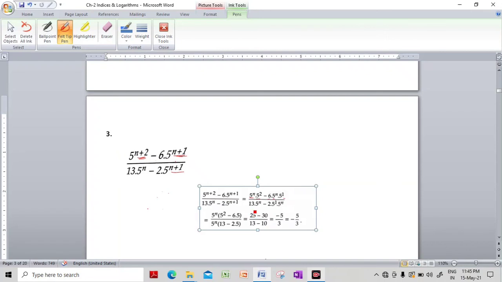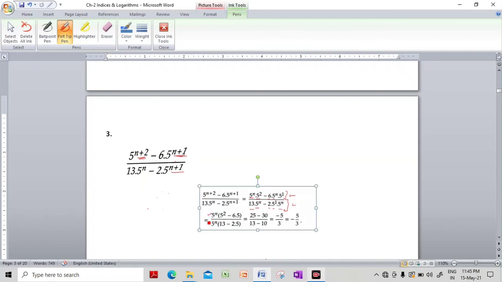Similarly, for the denominator also, 13 is written as it is, 5 power n as it is, so we'll keep it as it is because there is no addition or subtraction here. But in the second part, minus 2, 5 power n plus 1 can be written as 5 power n into 5. Now if you observe, from this I can take 5 power n as common because 5 power n is in the numerator as well as in the denominator.